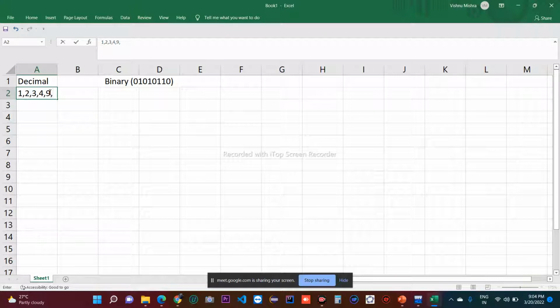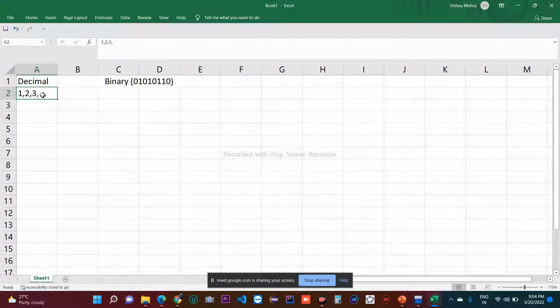Then we have repetition of digits: 10, 11, 12, like this. This is the decimal number system. And what is the binary number system? It is a number system in which we define each of the decimal numbers in binary.